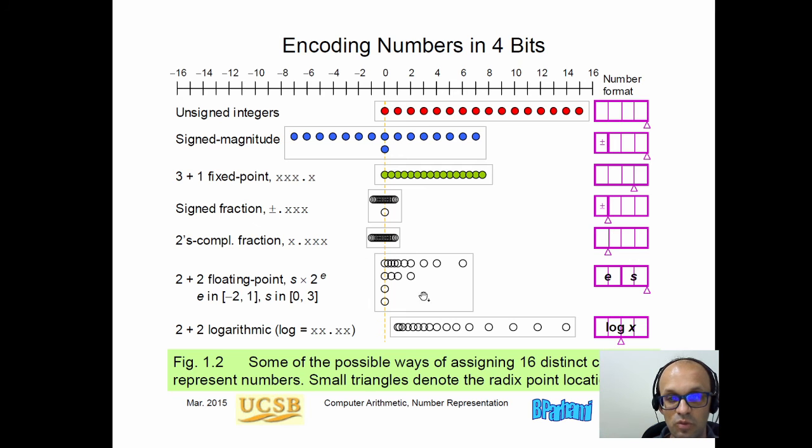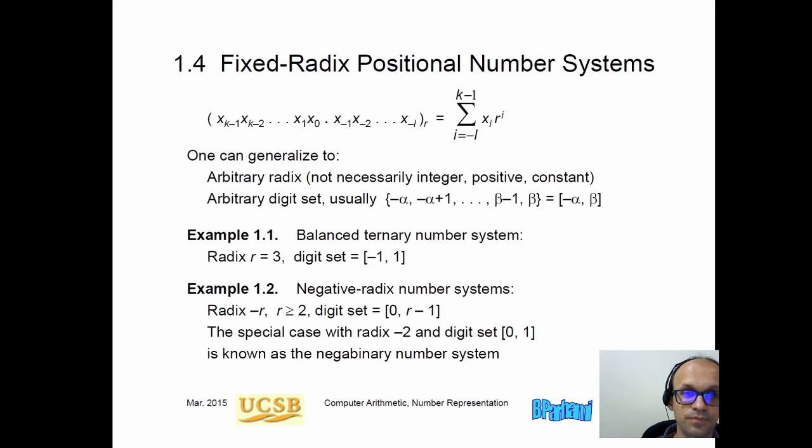So this is what happens here, because you usually have different representations of numbers. The fixed radix positional number is what you usually have in our decimal numbers, but it's important that you don't think you are going to use just 0 to 9. In fact, you can represent digits from minus alpha to beta.